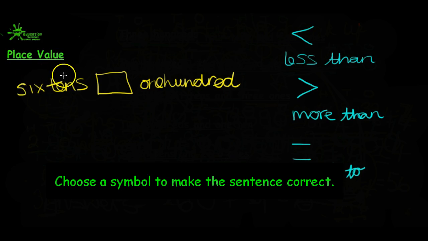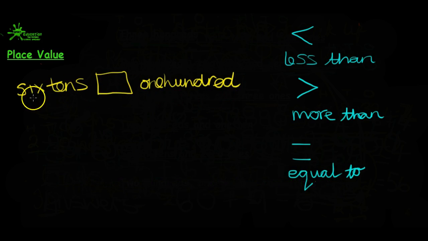So we're going to read this as a sentence. 6 tens something 100. So we have to ask ourselves, is 6 tens less than 100? Is 6 tens more than 100? Or is 6 tens equal to or the same as 100?